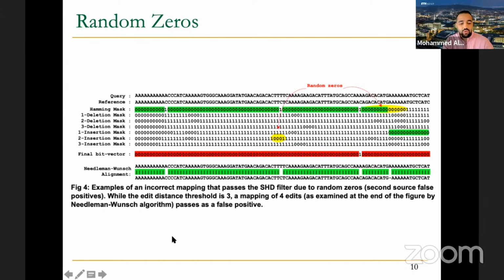These are always causing some domination, so they always cancel any one appearing in the same location as these random zeros. So there is no solution except trying to replace these with ones, but then the false positives might not be solved, because you solve this source of random zeros, but you might cause another source of false positives because you are now overestimating or underestimating the number of ones.